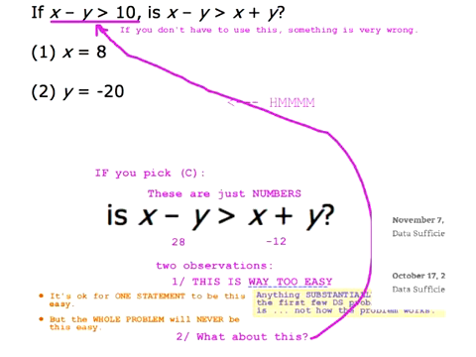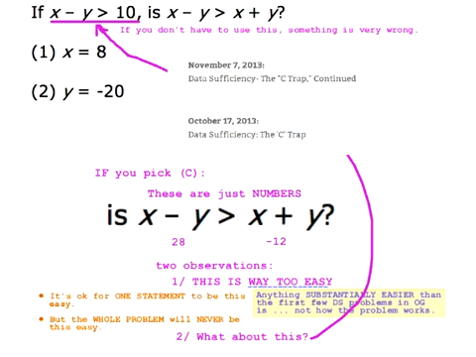These are from the archived sessions. C-trap is what we call it when choice C is way too easy and ignores stuff. If choice C does both of these things, do not pick it ever. Don't do it.